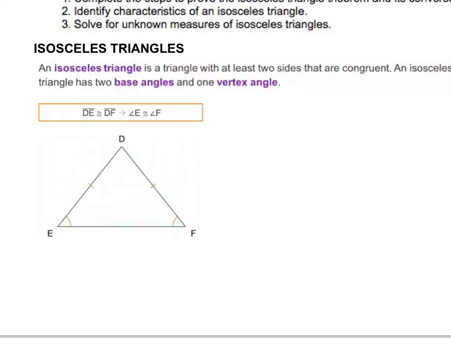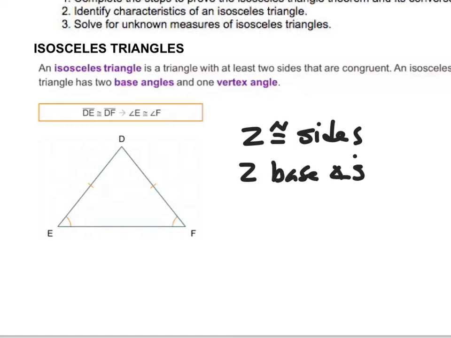Now what I know, given that this is an isosceles triangle, is that I have two congruent sides, and then I have two base angles that are congruent. That's what tells me whether I have an isosceles triangle.